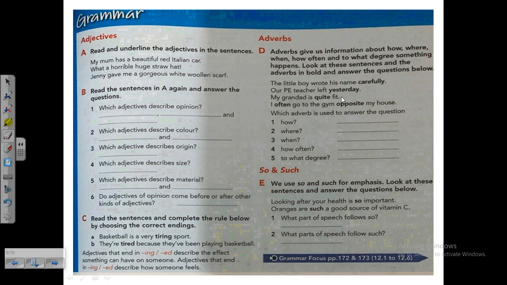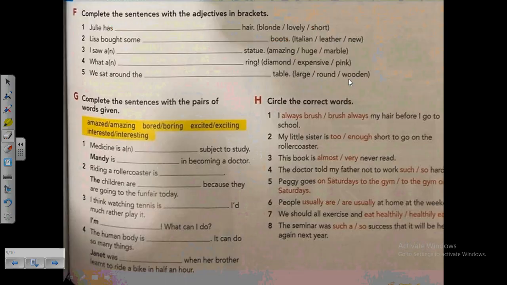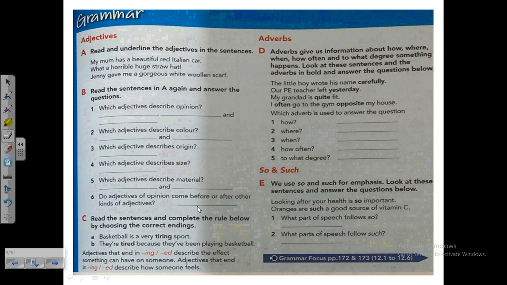Yes, so here, the part of speech that follows so is an adjective immediately. So here we will write adjective.